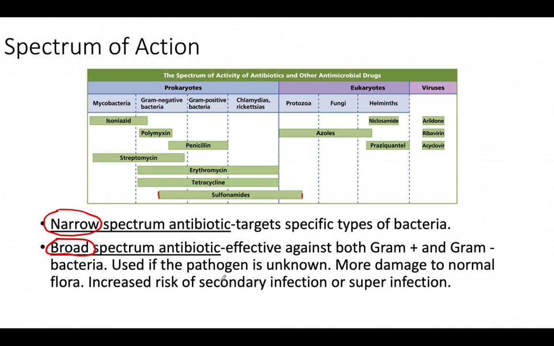When you disrupt that normal flora, you can get the growth of microbes that normally wouldn't grow as robustly, and so you can get secondary infections. Or it can lead to what are called superinfections, or the rise of antibiotic-resistant microorganisms. We'll see that in the future as well, as there are some slides towards the end that talk about antibiotic resistance. But spectrum of action is something we're interested in to know how many different microbes a given drug is going to target.